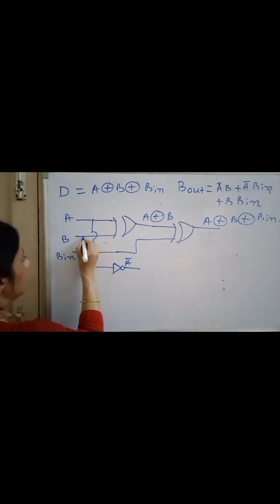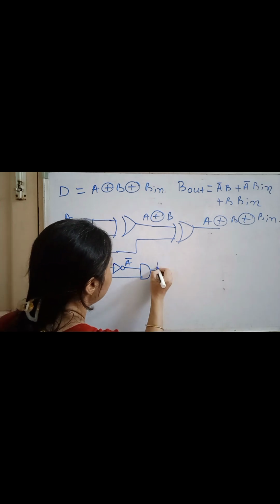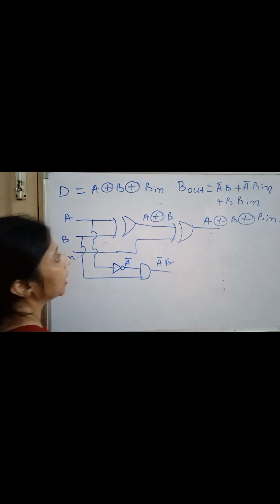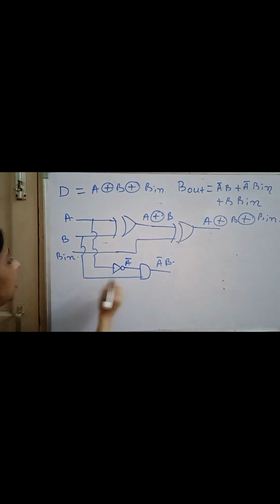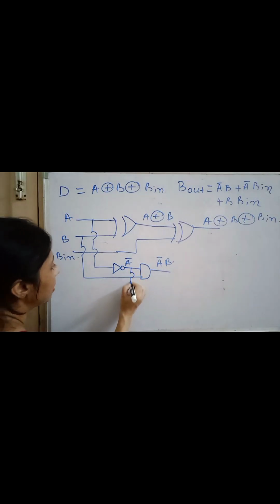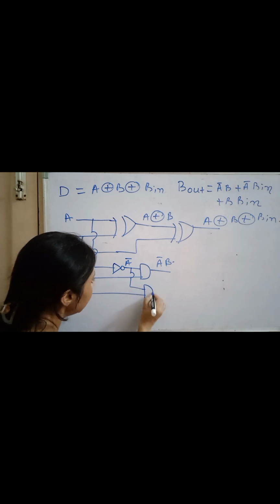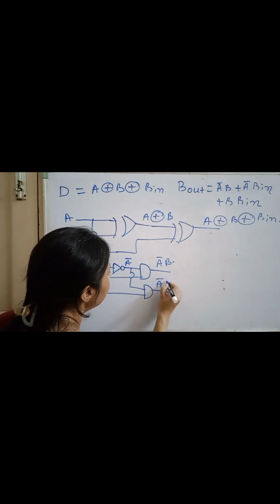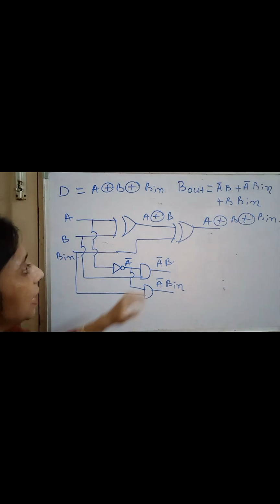So A bar B. This is your A bar B. Now A bar B in. This is our A bar only and B in. Right? So this AND gate will give you A bar B in.